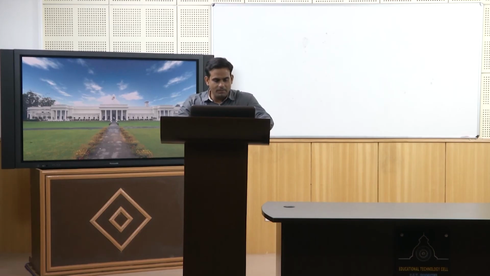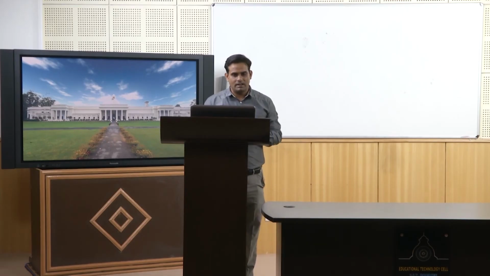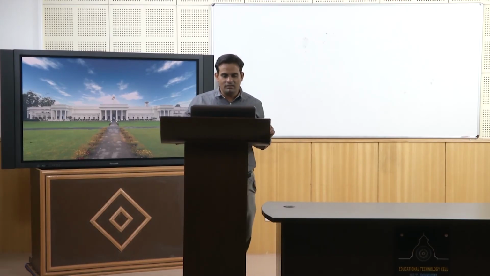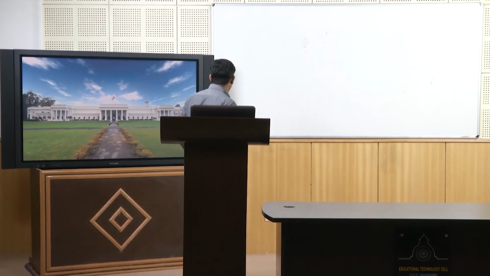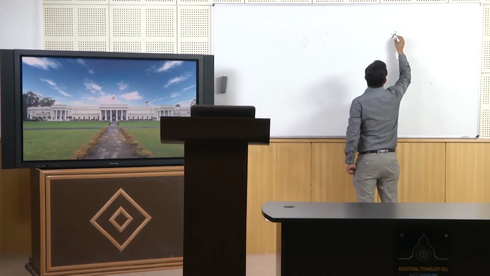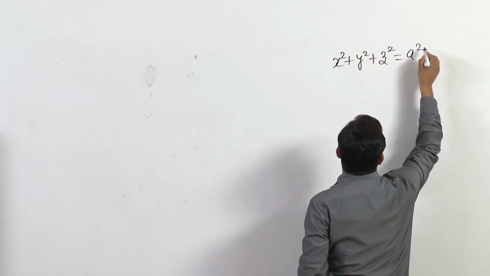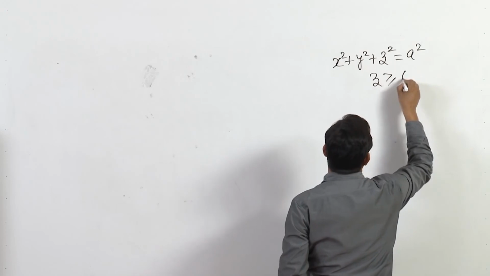So, this is the example. Find the z coordinate of the center of gravity of the hemisphere of radius a. Okay, so it is a hemisphere, above the xy plane and of radius a, and I need to find out the z coordinate of this. So, let us try to do it. x square plus y square plus z square equals a square, and z is greater than or equal to 0.